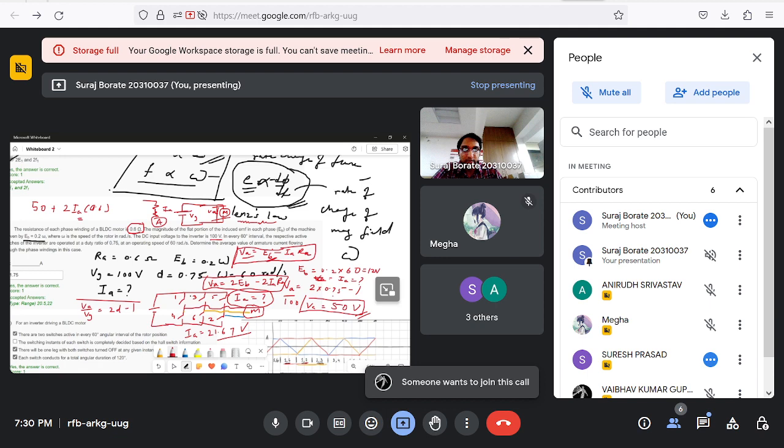Because the thrust produced by the drone is directly proportional to the speed of rotation of the motor. Okay, so this is why this formula is very important. This is just a question in your assignment, but it has high implications.